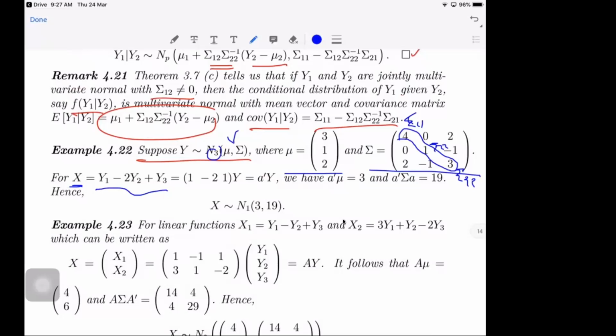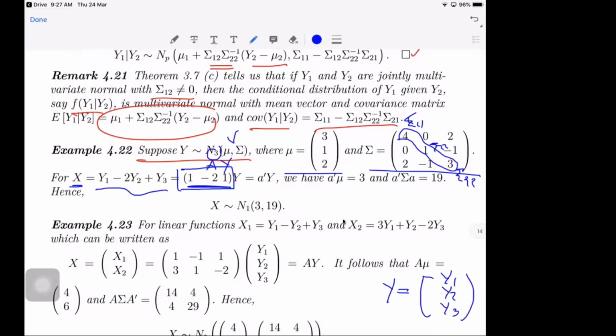In matrix notation, you can write it as A prime y, and that is just equal to a vector of constants, which is 1, negative 2, 1, times y. Again, y is just the vector y1, y2, and y3.